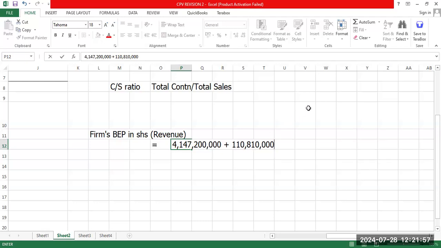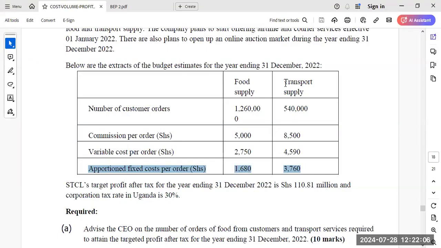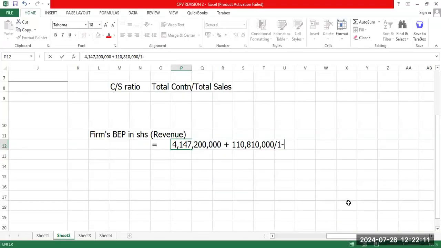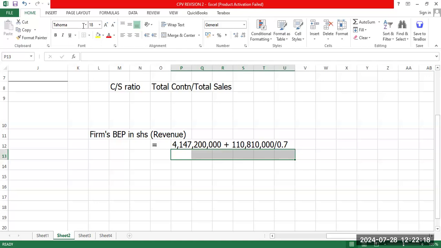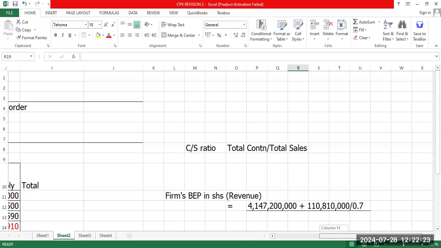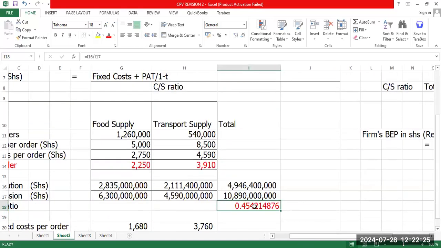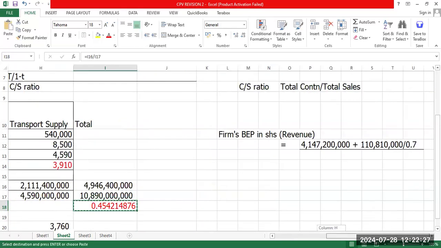Okay, this is the right figure. Then we divide by 1 minus that, divide by 0.7. Then everything we divide by our contribution to sales ratio, which is this one.